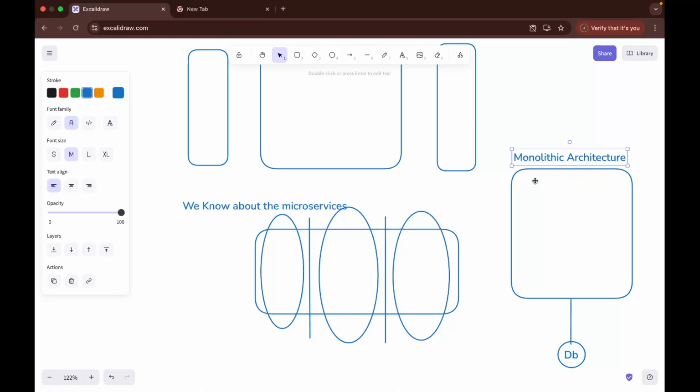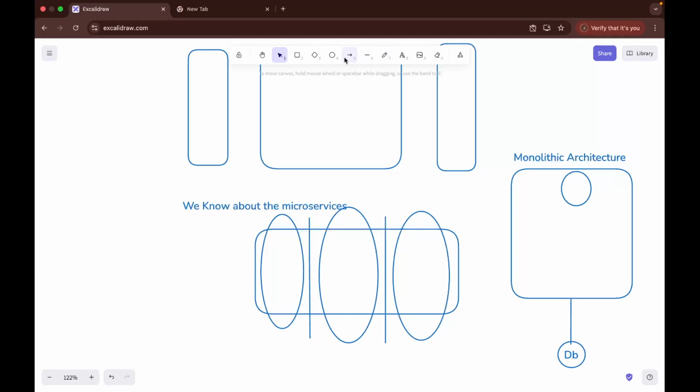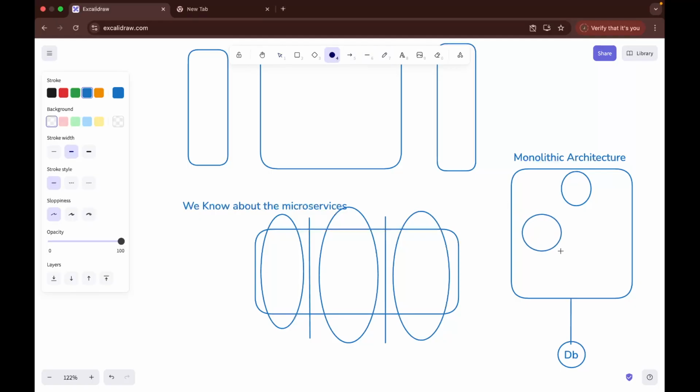In this application the UI part is here, the business logic part is here, and the data access layer is also here. So these services are tightly coupled.